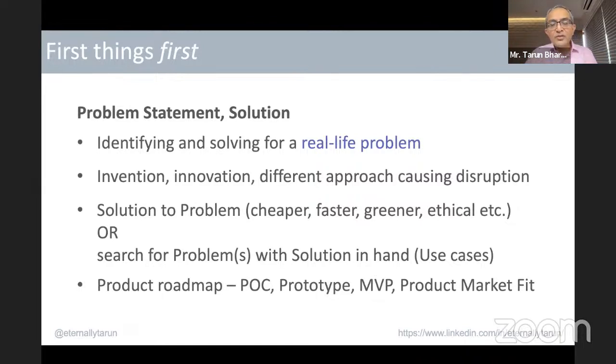So for example, when Flipkart entered, obviously they were inspired by Amazon in the US. And when they started implementing, making their marketplace and delivering products to customers at home, there was one innovation which they did, I'm sure many of you would have heard of it, was very simple. That was cash on delivery.